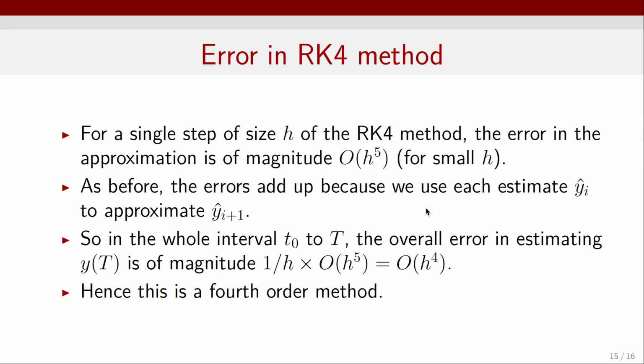So after n time steps, we're going to have a factor of 1 over h increase in the error. So overall, the error is going to be of order h to the 4, so the method is 4th order accurate.